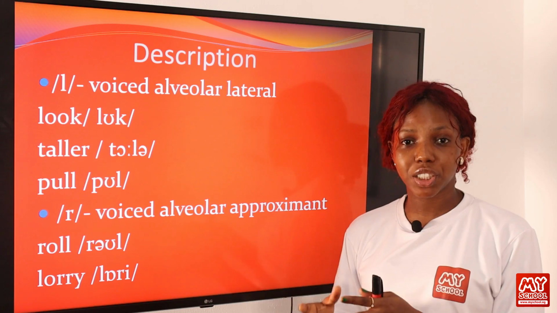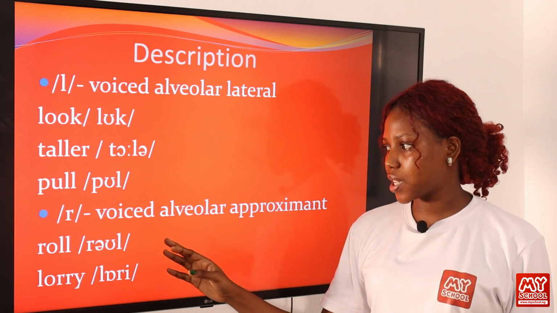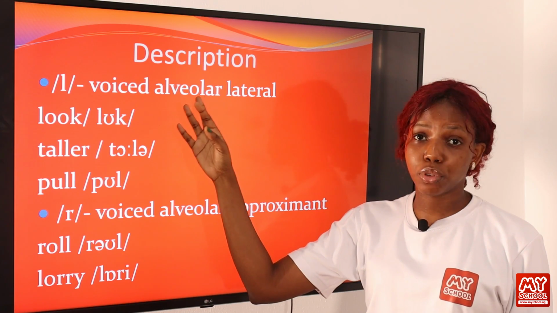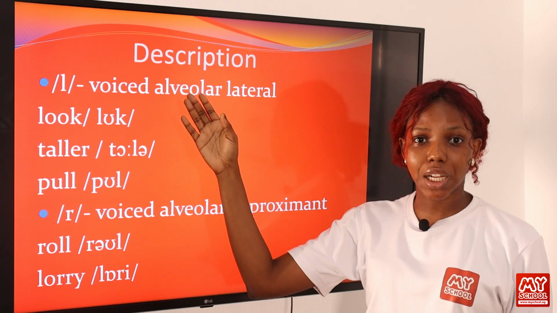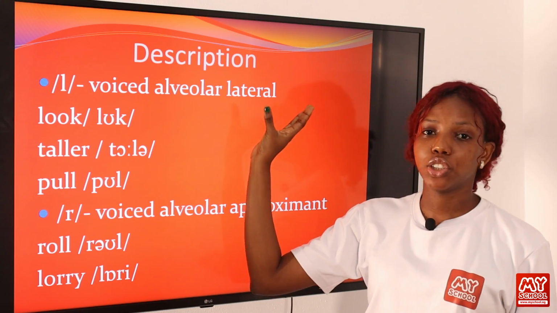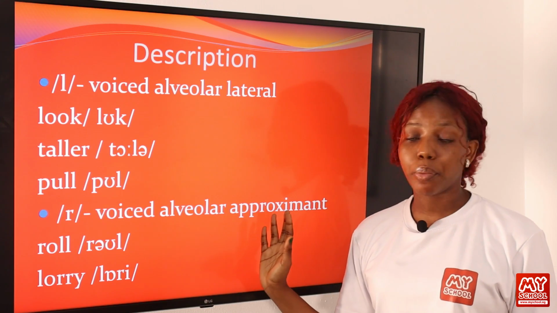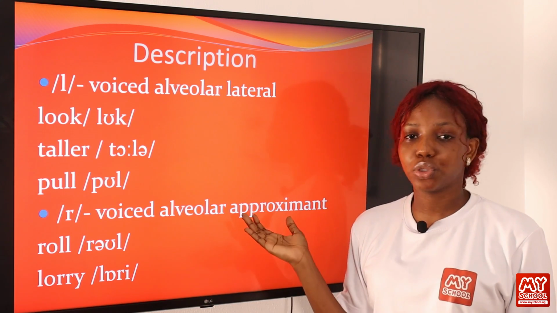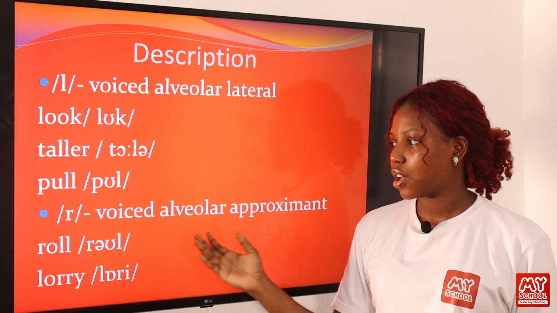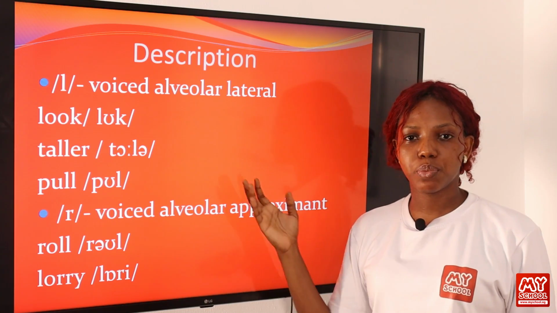So it would not be easy for us to distinguish between them if we say this is also a voiced alveolar approximant. So don't forget that the lateral sound is also an approximant, and so we'll use this unique name to classify it or to describe it, and we'll use approximant to describe this, or we could either say rhotic, okay? Voiced alveolar approximant. So you know you can differentiate between the two.